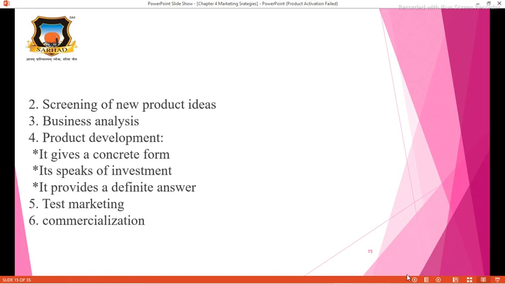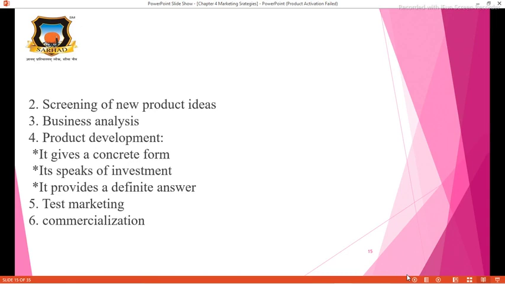The screening is the stage in which the ideas are shortlisted. In fact, it is the stage in which a majority of the ideas obtained in the first stage are eliminated.